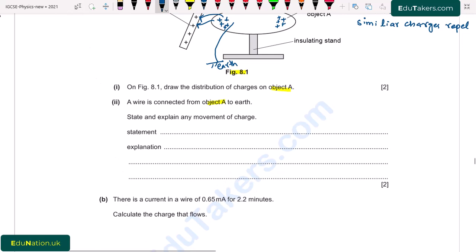Negative charges flow from earth to object. And in the explanation, I write that electrons flow to balance excess positive charges on the object.